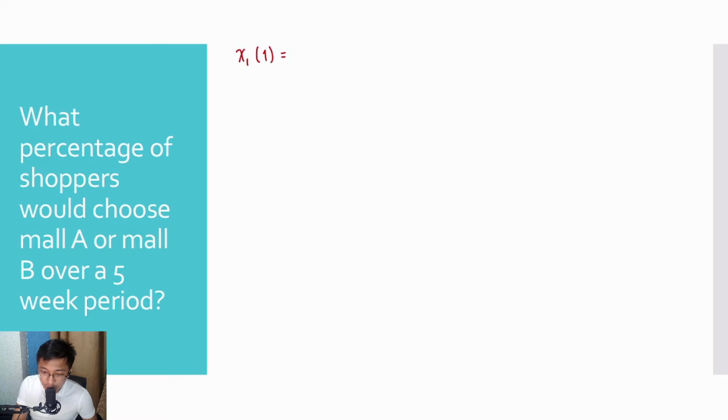From the earlier diagram, we know that 75% will remain shopping in Mall A. So 75% of the initial, which is 0.35, and then we add the 40% of shoppers that transferred from Mall B. So we add plus 0.4 times the percentage of shoppers in Mall B initially, which was 65%.